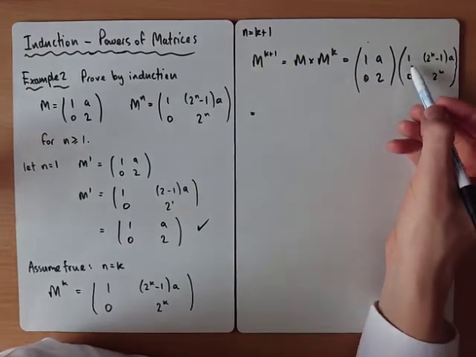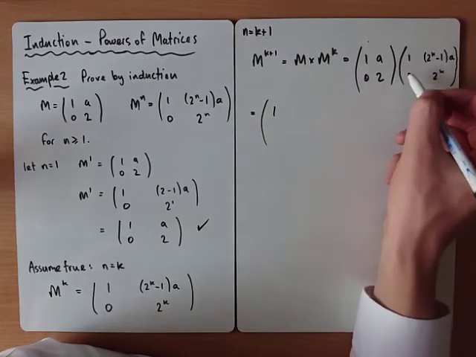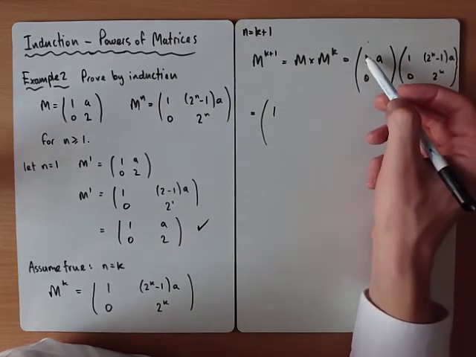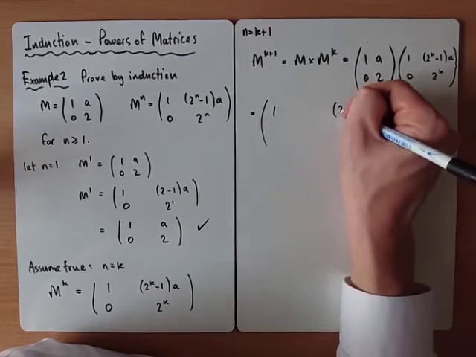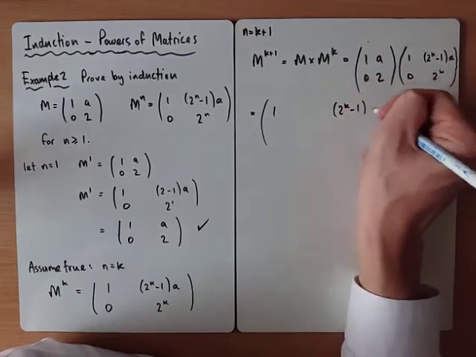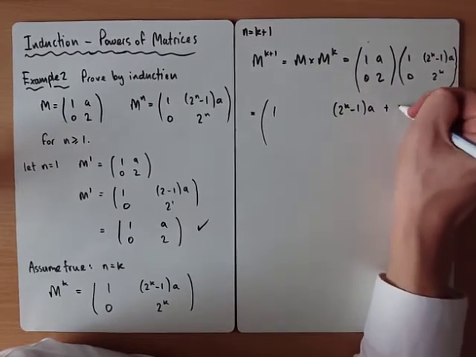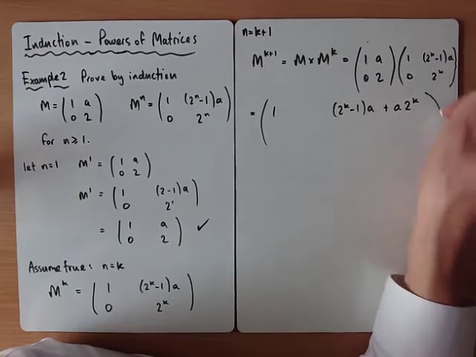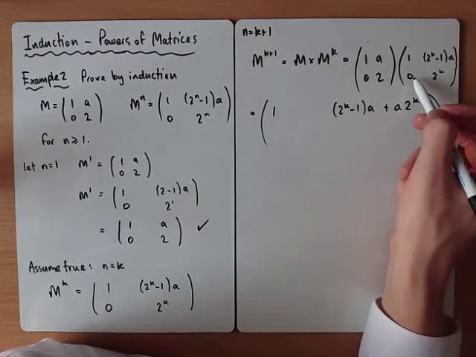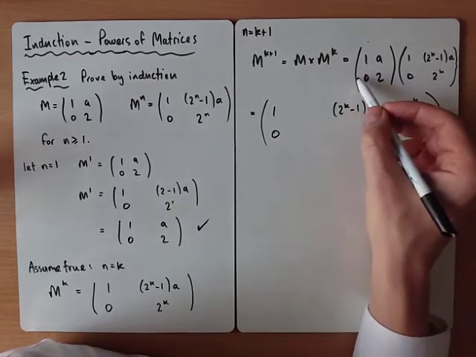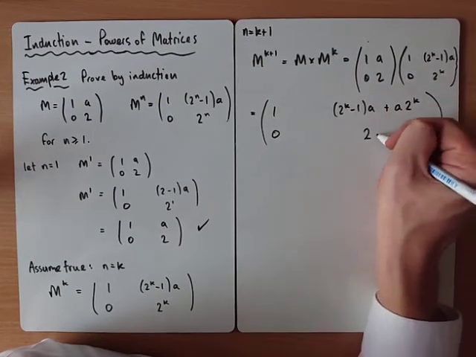So multiply rows by columns. 1 times 1, then a times 0, row by column, so 1 times this would be 2 to the k minus 1, a, and then a times this. Rows by columns, so 0 times 1, 2 times 0. Rows by columns, 0 times this, 2 times this.